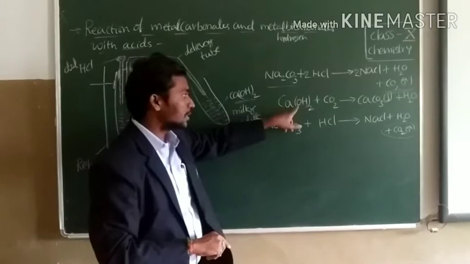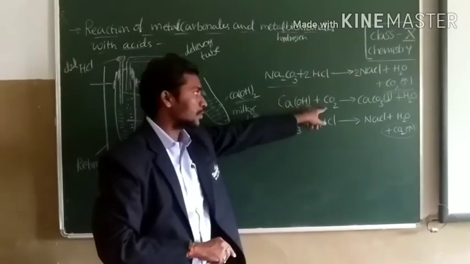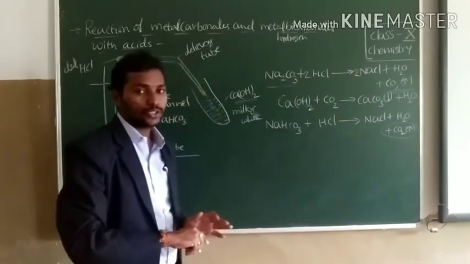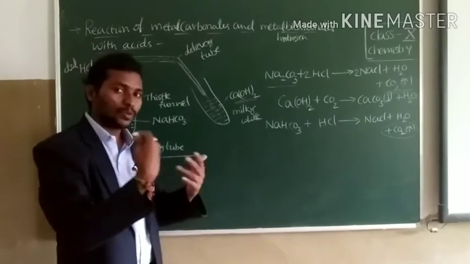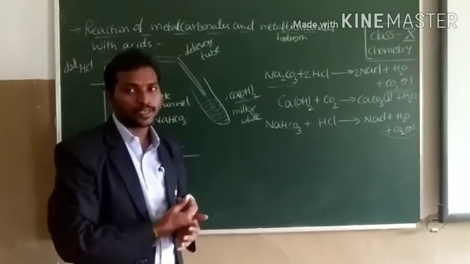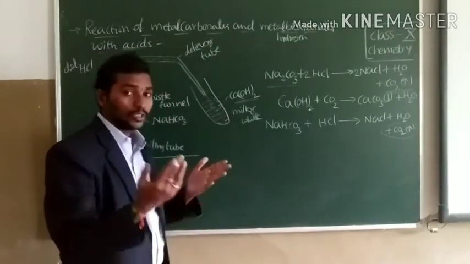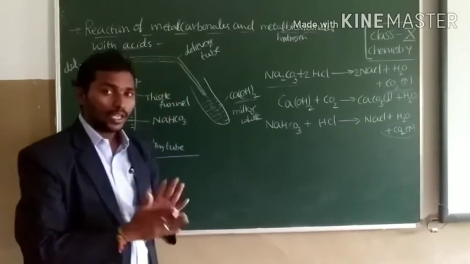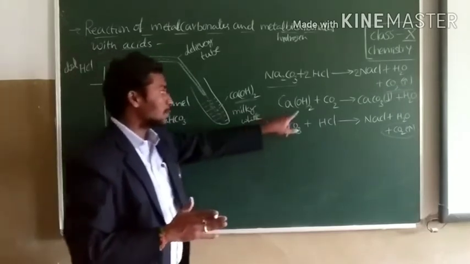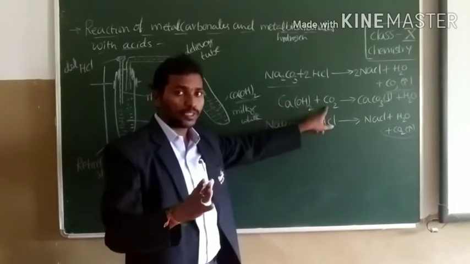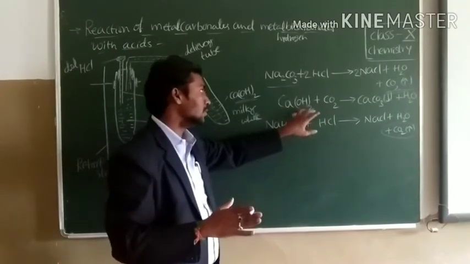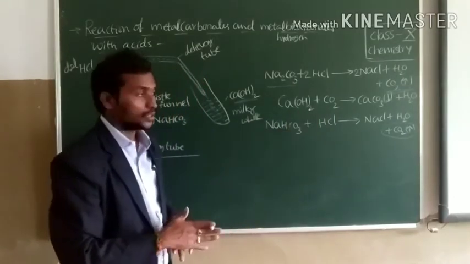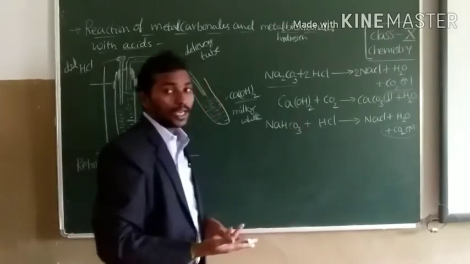Here we have seen calcium hydroxide reacts with carbon dioxide to form calcium carbonate. When an excess amount of carbon dioxide is passed through the lime water, what will happen? Let us see. When an excess amount of carbon dioxide gas is passed through the calcium hydroxide solution, it forms calcium bicarbonate.